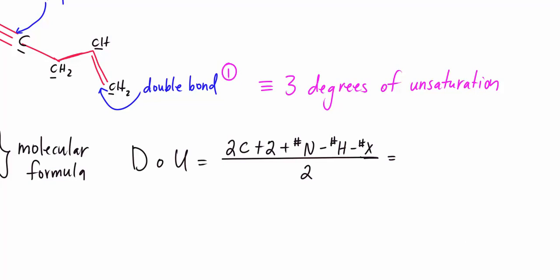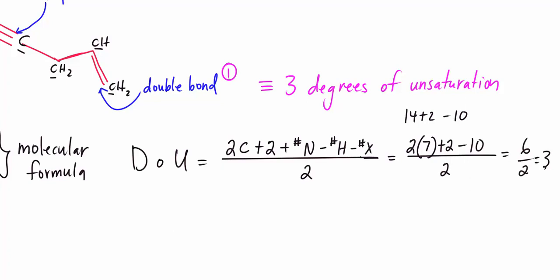So what we wind up with is 2 times 7 plus 2 minus 10. So we would have 14 plus 2, which would be 16, minus 10. 16 minus 10 gives us 6, and that divided by 2 gives us 3.